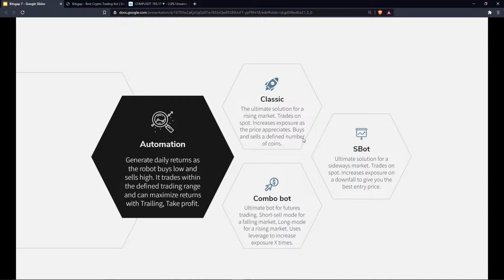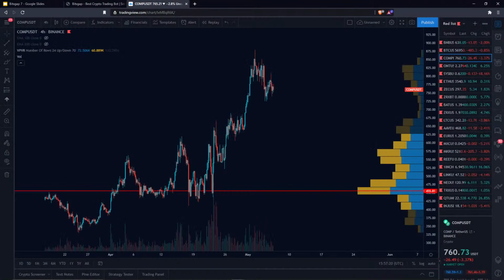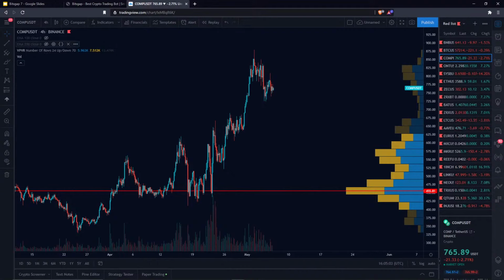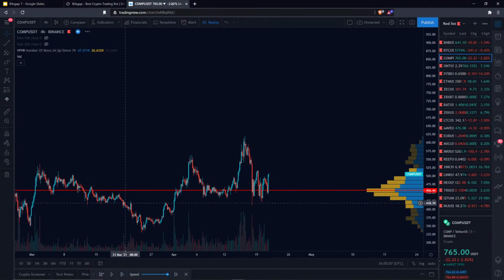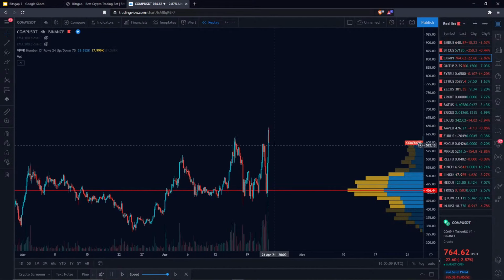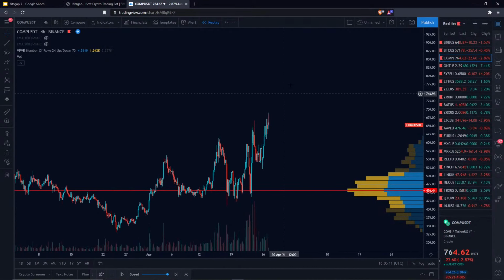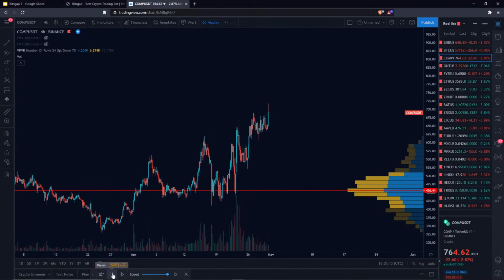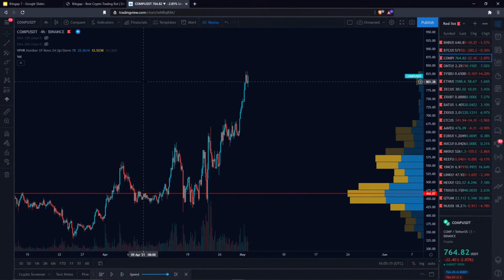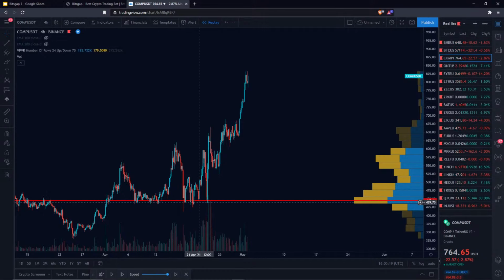The classic bot is the one that traders and portfolio managers should stick with if you anticipate the price of the coin to go higher, like this, for example. If you had launched the bot right here, right before this insane rally, then the classic bot would bring you more returns than if you had launched the SBot on this same cryptocurrency.